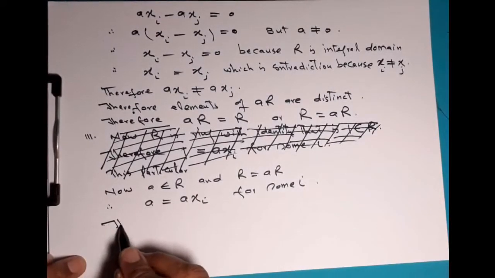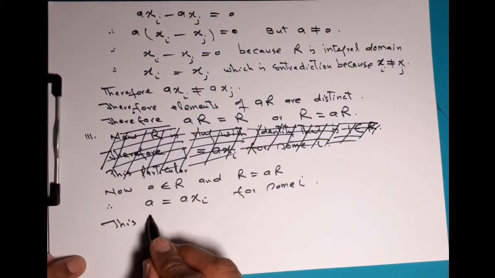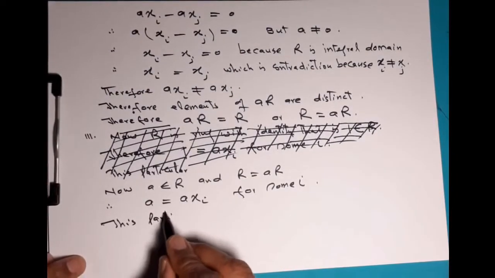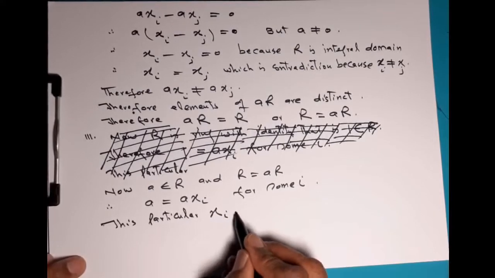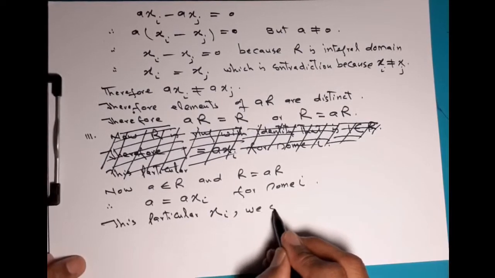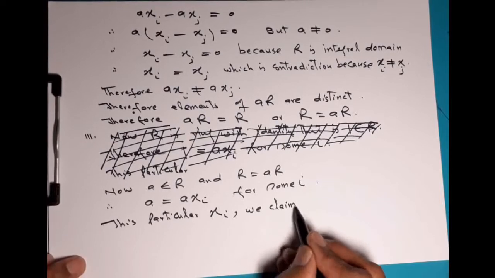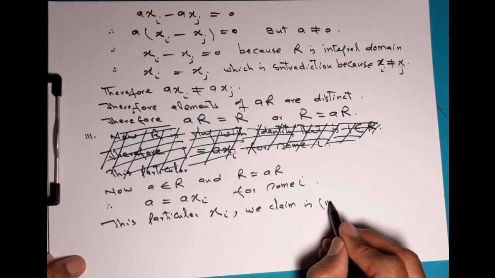This particular XI, we claim, is the multiplicative identity.